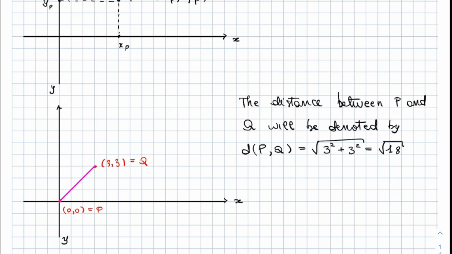This will be our general idea. The distance between 2 points P and Q in the plane will always be the length of the segment connecting them.